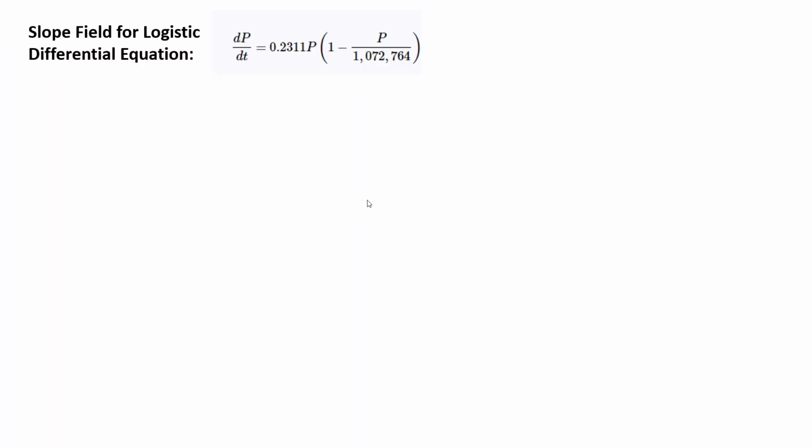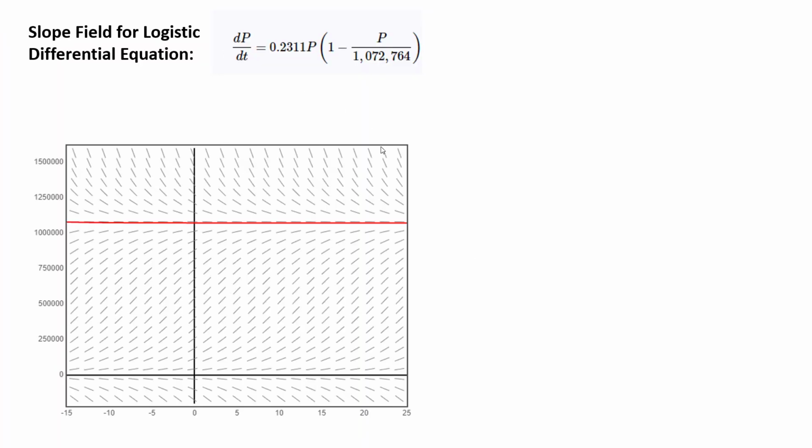We're going to look at the slope field for the logistic differential equation. I solved it using that website I told you about, guys. It's really nice. If you notice, there are two equilibrium solutions. An equilibrium solution is a spot where the derivative is 0, where the solution is a constant function.